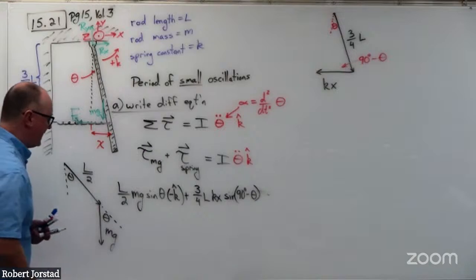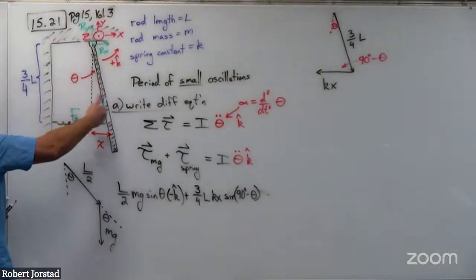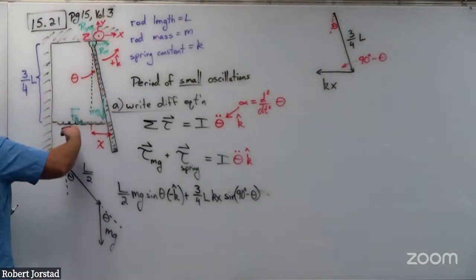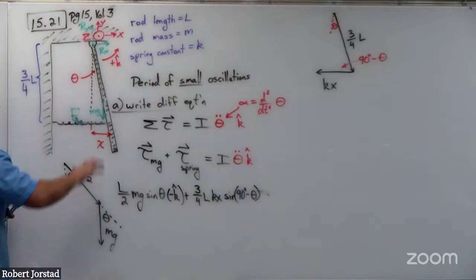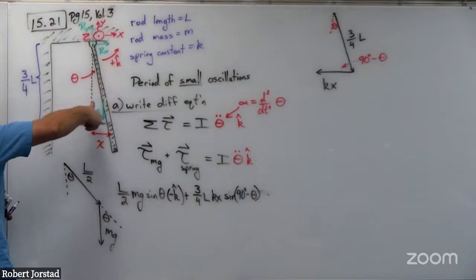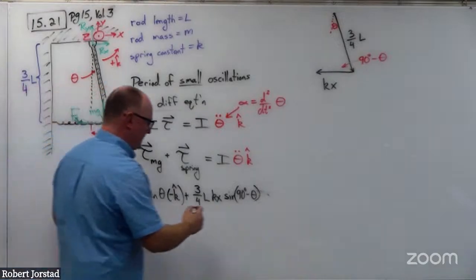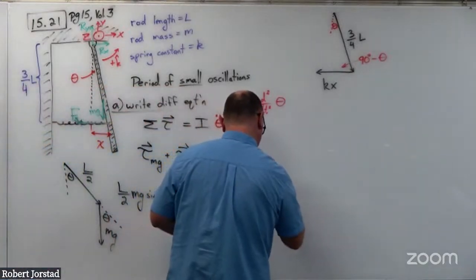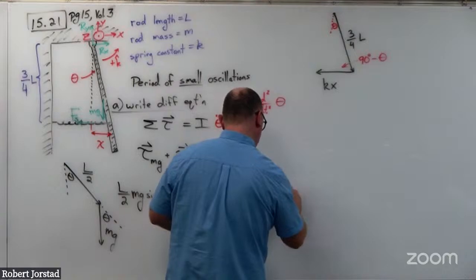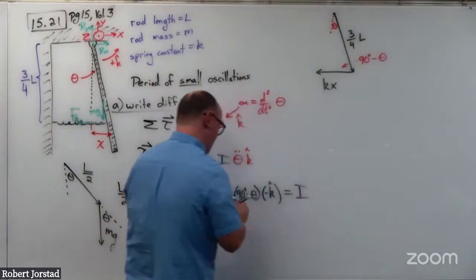And that direction is also trying to go opposite the positive k hat direction as far as torques go. It's trying to twist it this way. So that should be a negative k hat. And all this equals I will get out of the way.